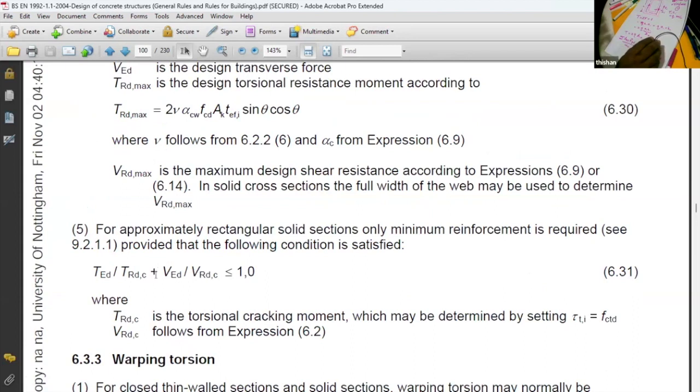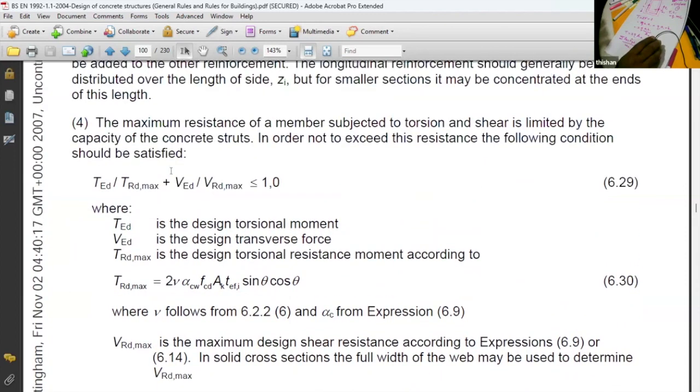On the other hand, if torsion is close to 0, only direct shear is available. Make sure the section can resist direct shear. But if there's torsion as well as direct shear, then it must fulfill this condition.